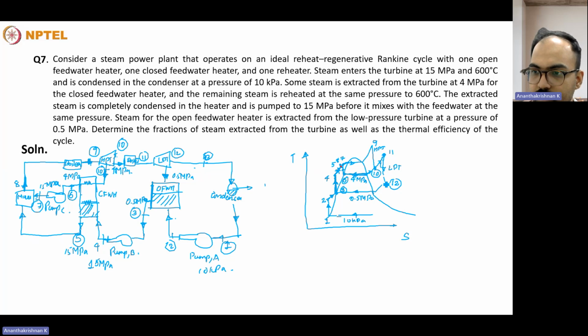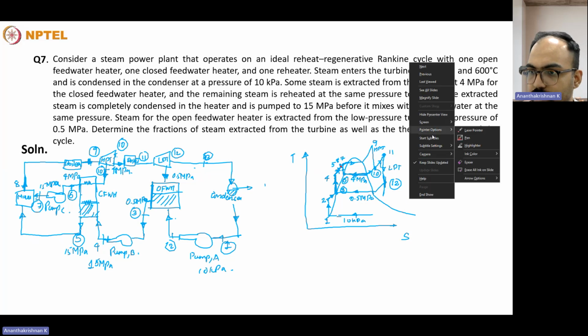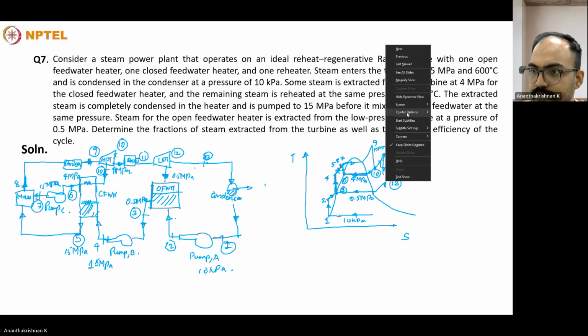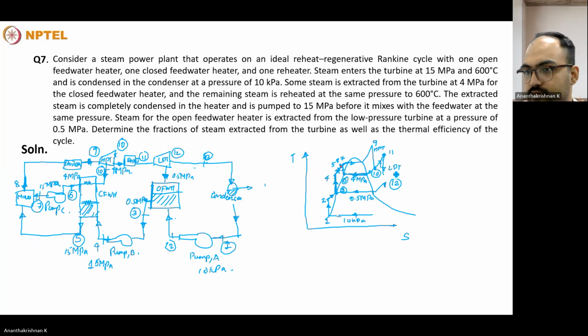A portion of the steam will be bled at 0.5 megapascal, and the remaining part will be expanded completely in the low pressure turbine. The exit point will be point 13. So this top pressure will be 15 megapascal.